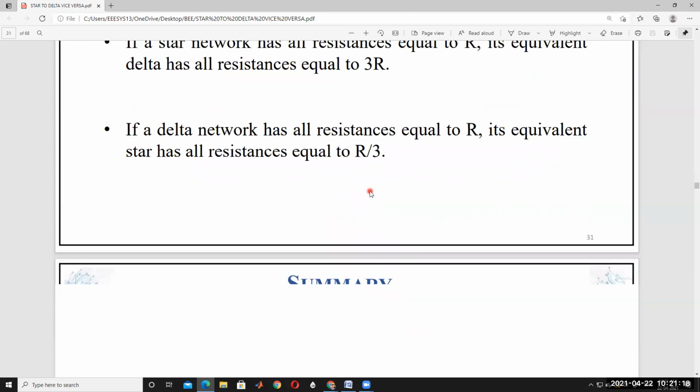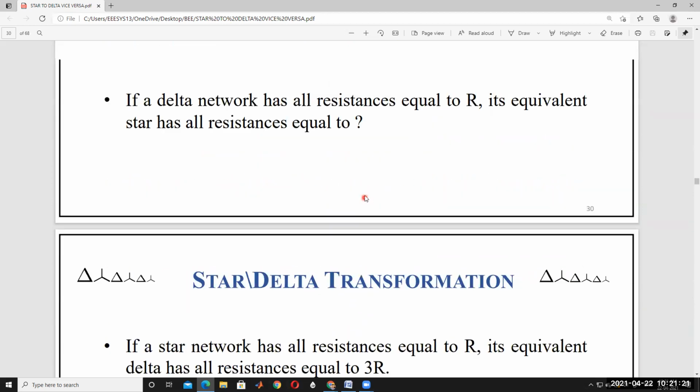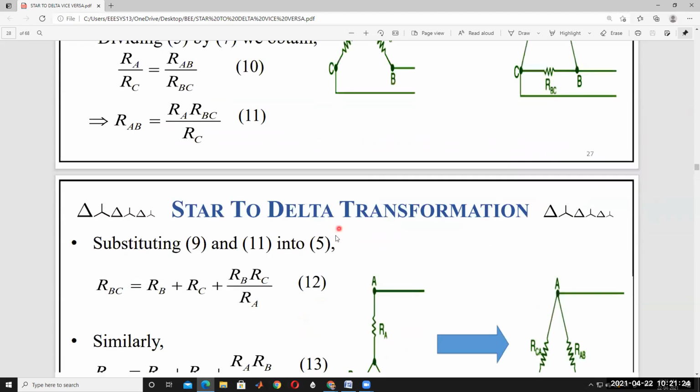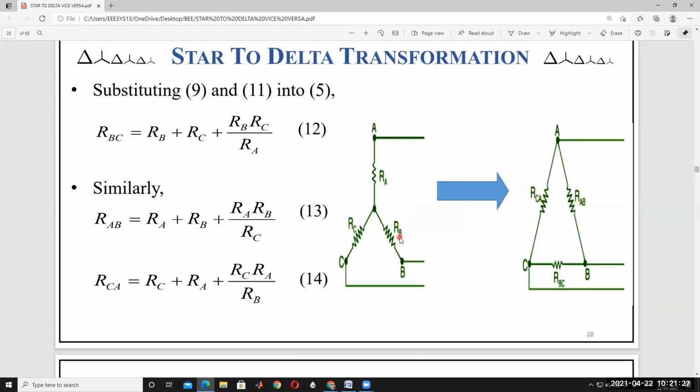Is it clear? For example, if RA is equal to RB is equal to RC, meaning all resistances are equal to some resistance R, then what is the resistance in the delta, RBC?